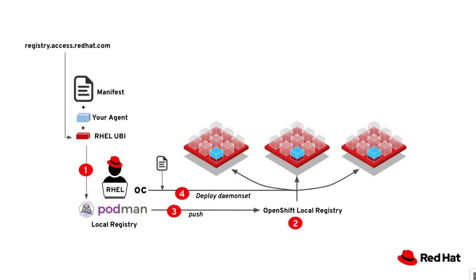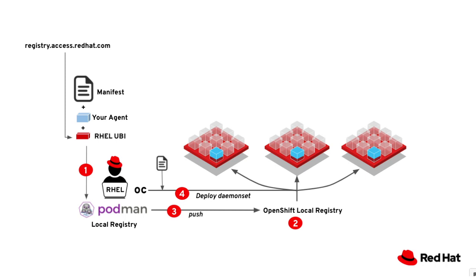And then the next step is we're going to enable the OpenShift local registry because it's locked down secure by default. And then once it's available, we can push the container from the local registry to the OpenShift local registry. And then from there, we can deploy the daemon set.